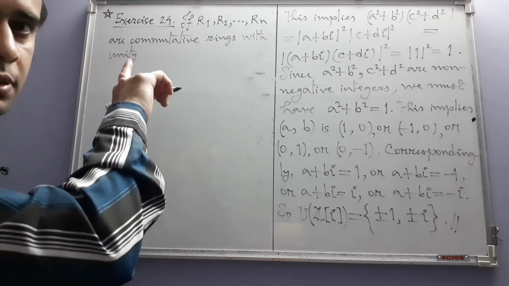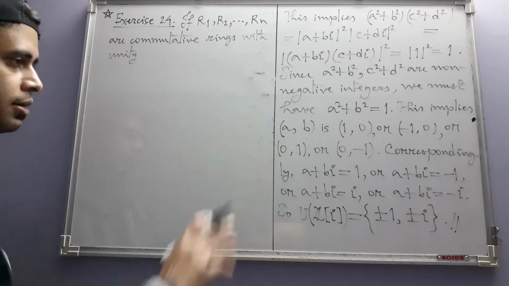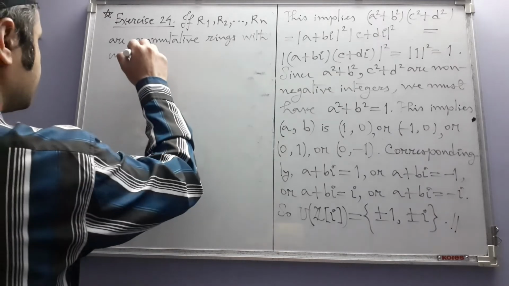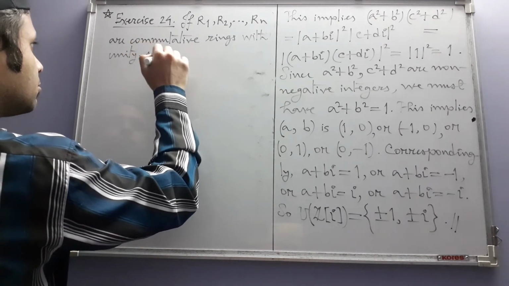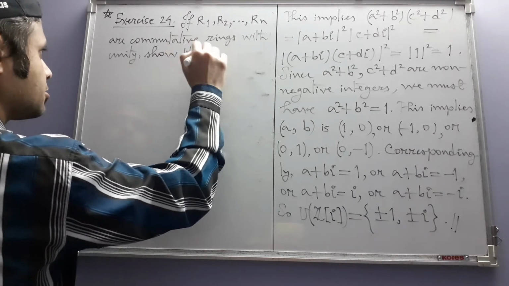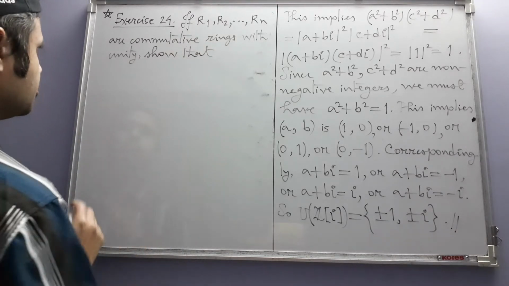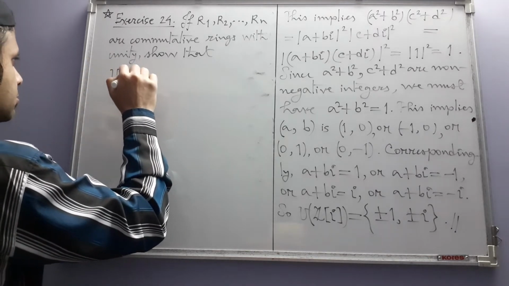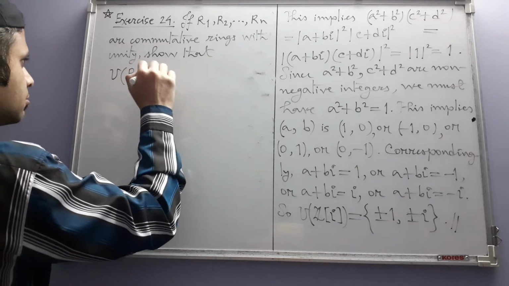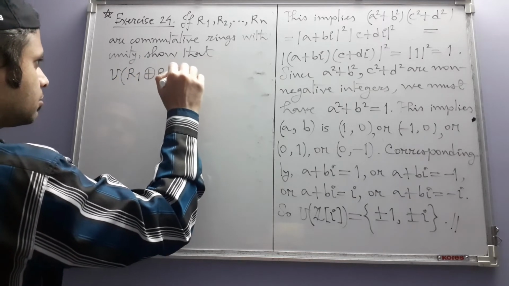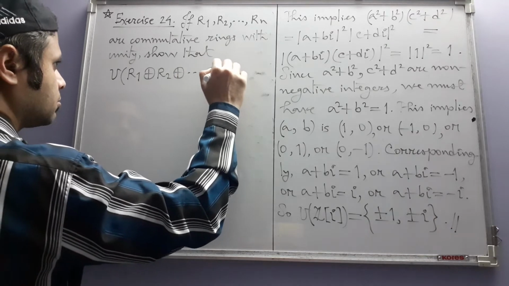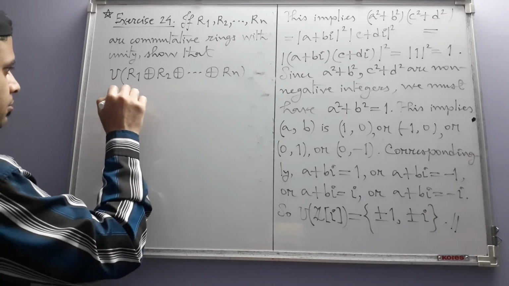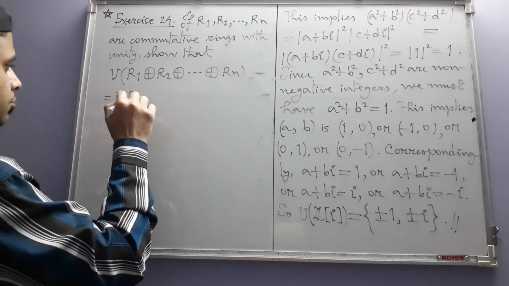So from a previous exercise we know that their direct sum also has a unity, and the direct sum is also a commutative ring because each one is a commutative ring. Show that the group of units of the direct sum is the direct sum of the groups of units.